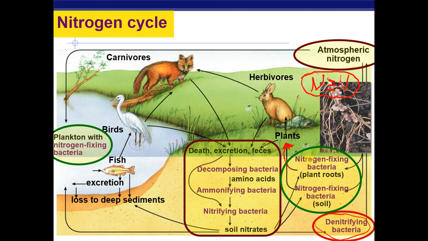So these denitrifying bacteria, if you look at it, are extremely important because if you notice, they're the only part of this whole cycle that's returning nitrogen back to the atmosphere.